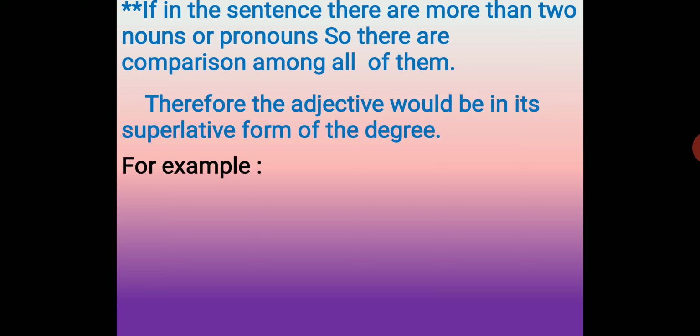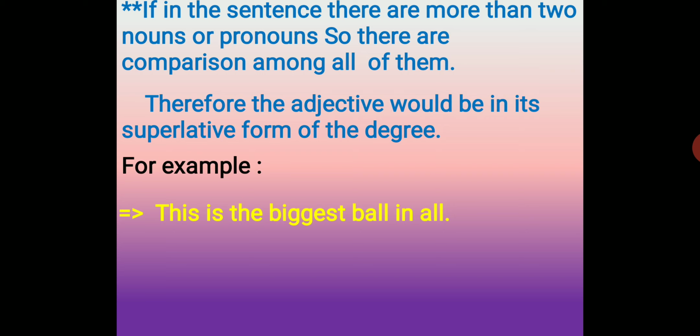Let's see the example to get more clarity. This is the biggest ball in all. In all means more than 2. If we were talking about 2 balls, we would not use in all, because for 2 balls we use between. We mention the number of the balls.